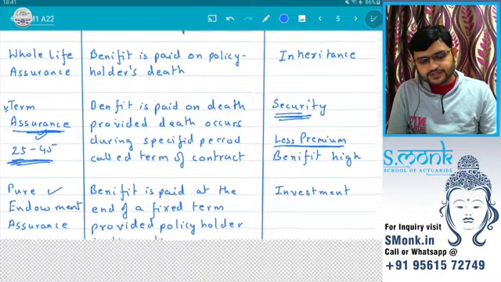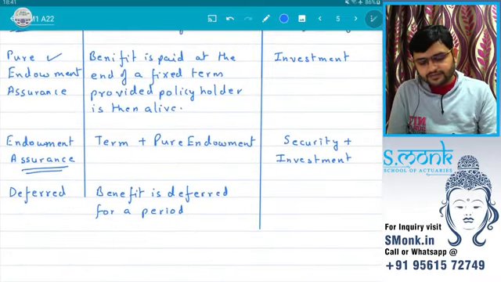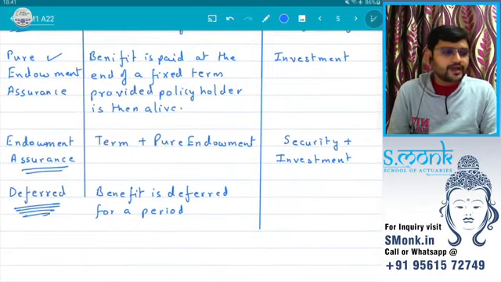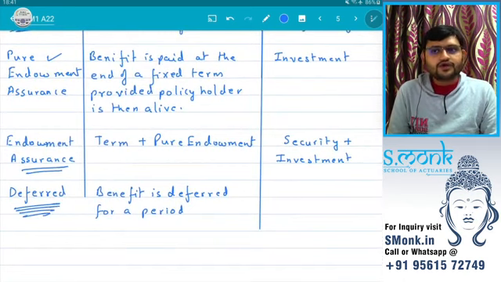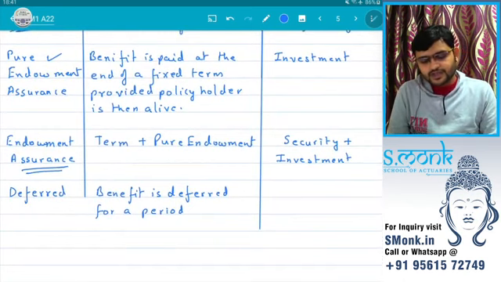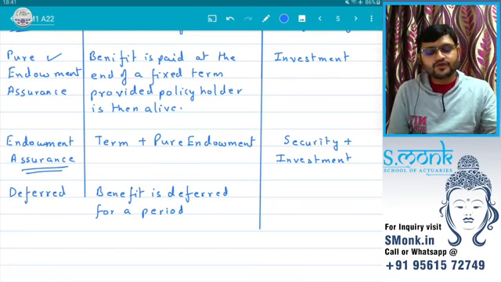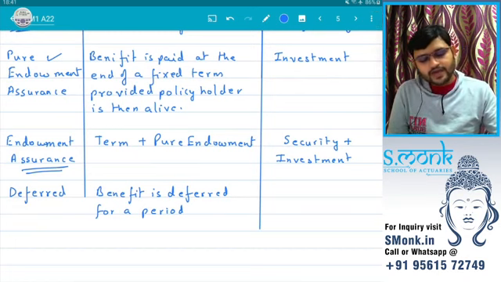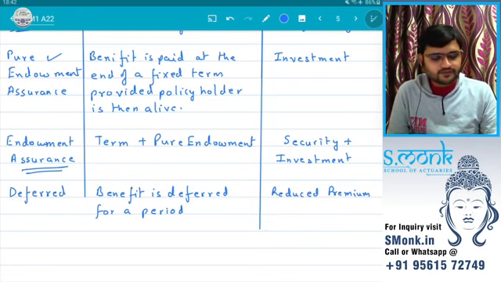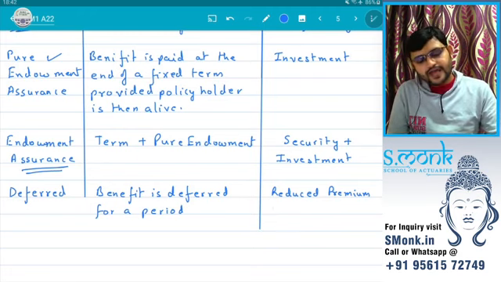So what happens is, because I have deferred my policy for these 30 years, but I'm still paying premium for those 30 years. So overall, what I might see is reduced premium, or maybe some kind of tax benefit.